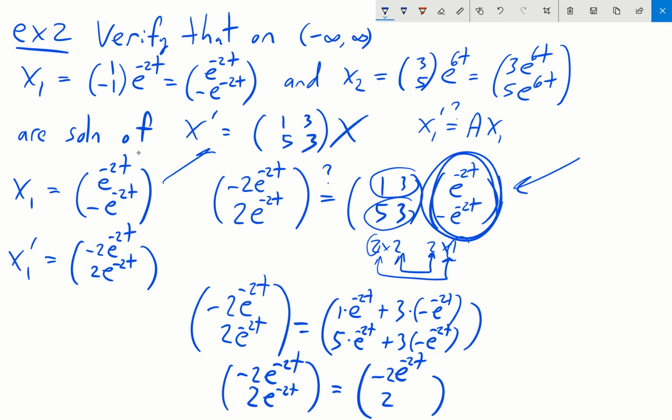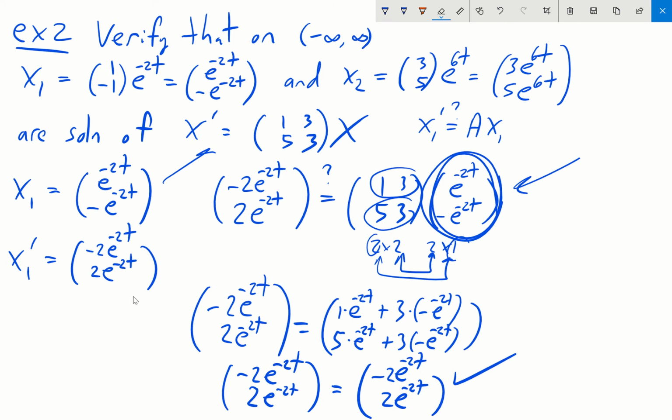So those will combine to give a positive 2 e to the negative 2t. And these two vectors are equal to each other because their individual components are equal. So that shows that x1, which is e to the negative 2t, negative e to the negative 2t, is a solution to this differential equation, this system of differential equations.